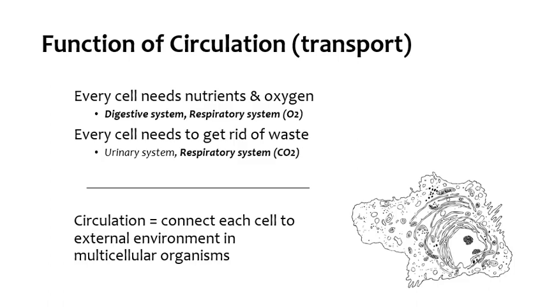The materials come from the digestive and respiratory systems, and the destination is the body cells. In addition, wastes must be transported from the body cells to the respiratory system or the urinary system. We won't address the urinary system in this class, though.